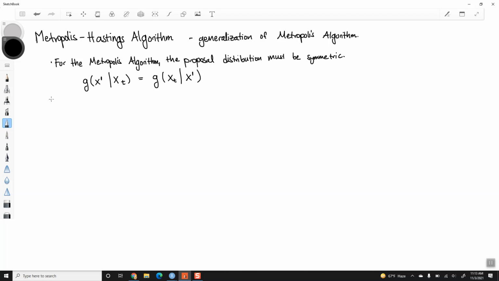That is to say, the probability of proposing x prime if we are at state xt is equal to the probability of proposing xt if we are at state x prime.